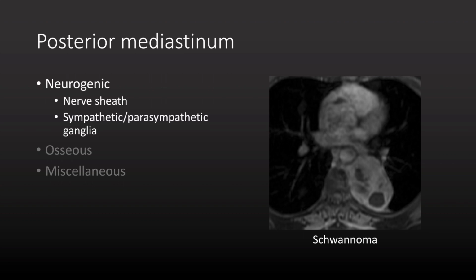The lesions that arise from ganglia tend to be longer in the craniocaudal dimension, whereas lesions that tend to arise from the neural foramina tend to extend essentially horizontally rather than vertically.